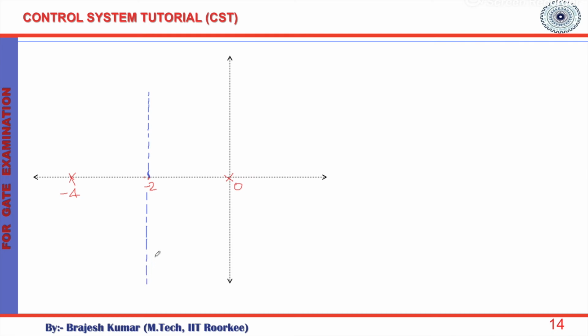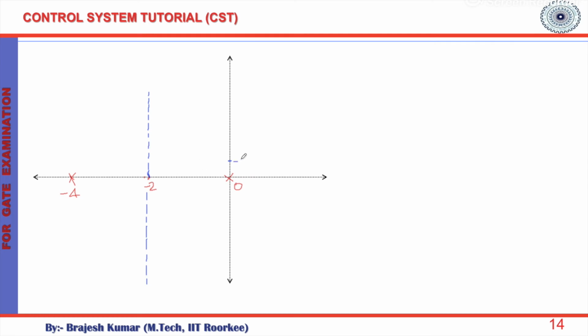And we said that we have two more complex poles, -2 plus/minus 4j.